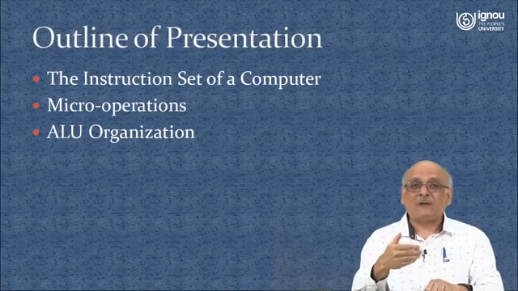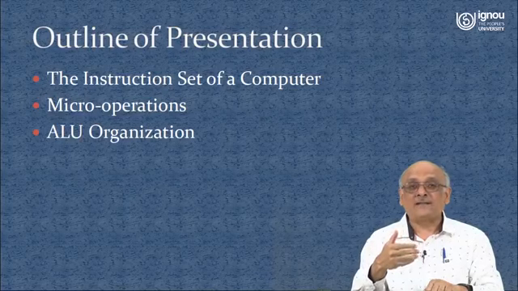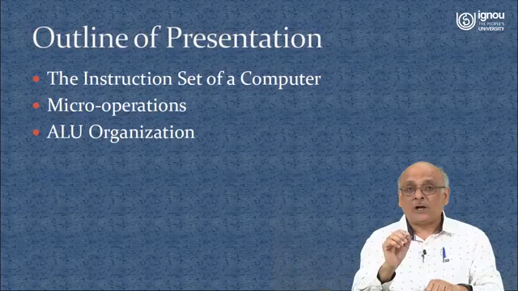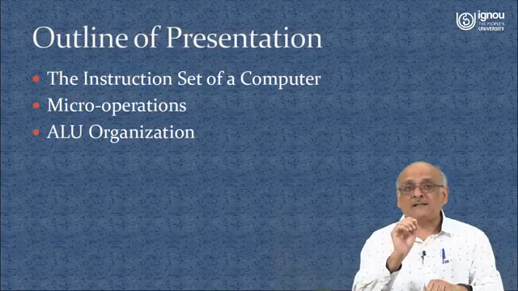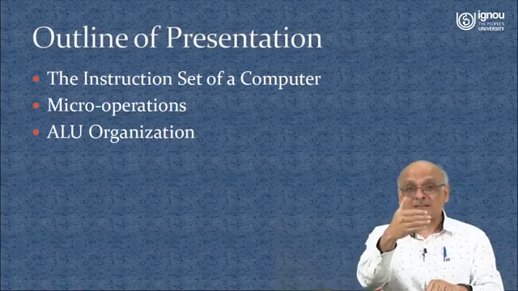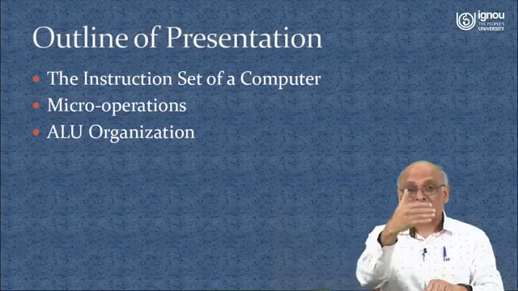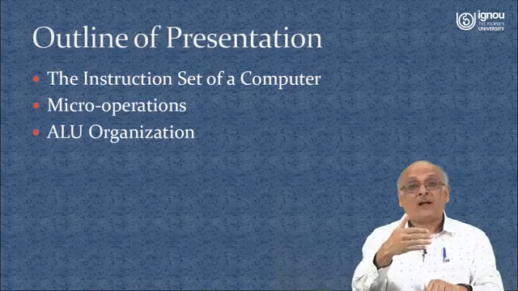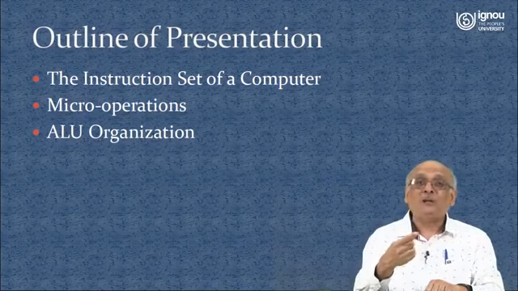And finally, we will talk about ALU organization, like how the ALU will be executing those instructions. What I would like to emphasize is that the ALU executes instructions in a step-by-step manner, and those steps are followed in a very sequential manner, just like your C program when you write it. From the first instruction we move to the second one, unless you have explicitly given a looping instruction.